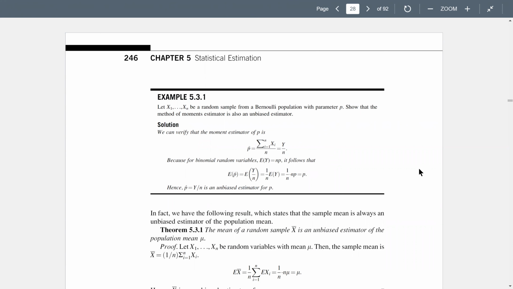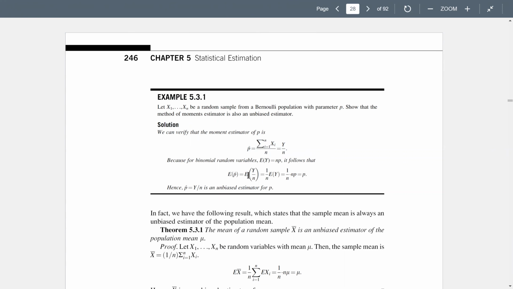P hat is for Bernoulli, from the example we studied previously. So you can see that p hat is the average of the x, and we denote the sum of x to be y.